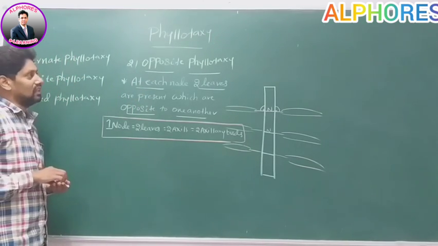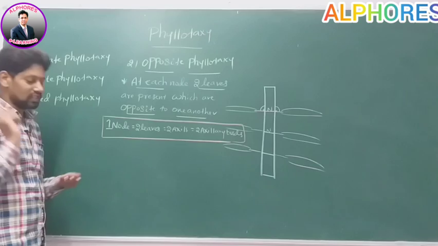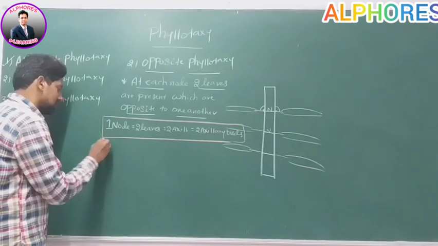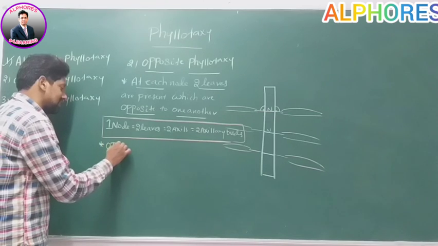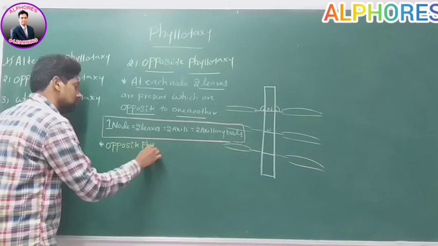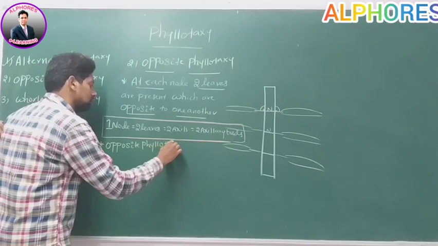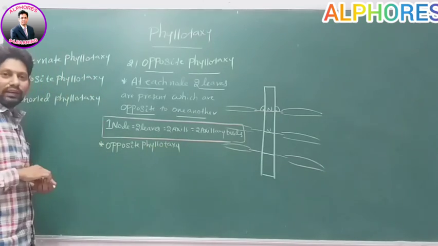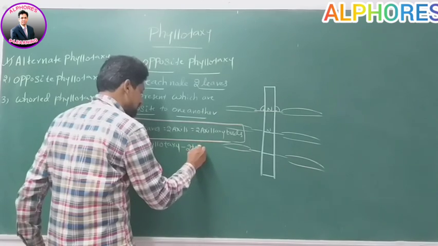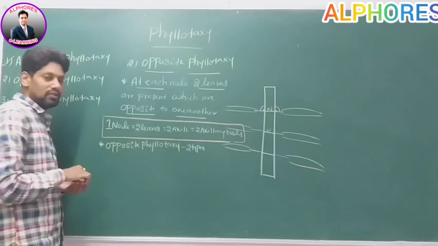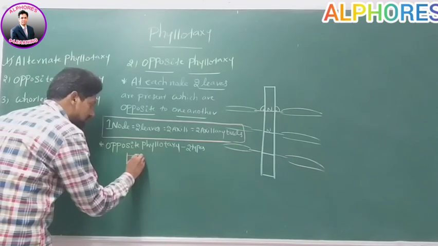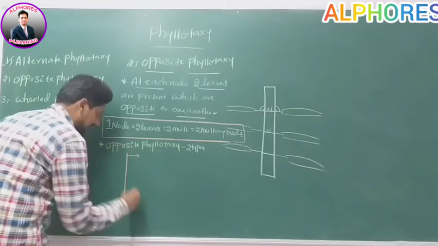We are discussing which phyllotaxy? Opposite phyllotaxy. Opposite phyllotaxy is of how many types? 2 types. What are the 2 types of opposite phyllotaxy?